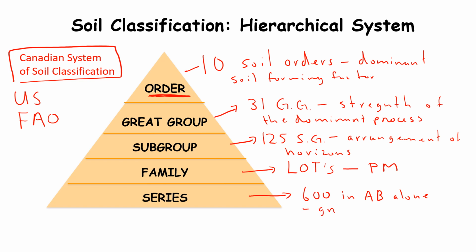These are groupings of pedons in a region, so this is at the local scale. But as I said, for this class, we're only going to go down to subgroup level. We're not going to focus on all 10 of these soil orders, only 5, and I'll show you these in a minute.